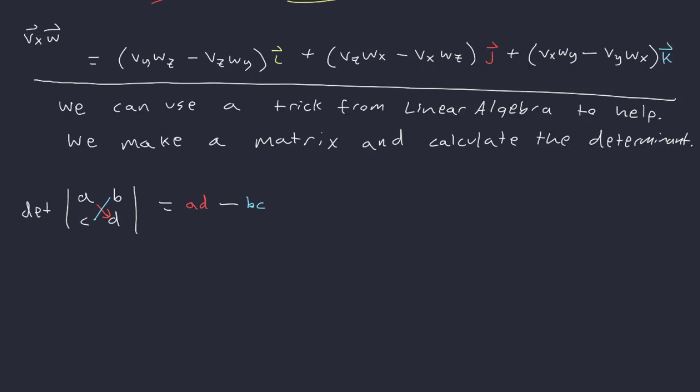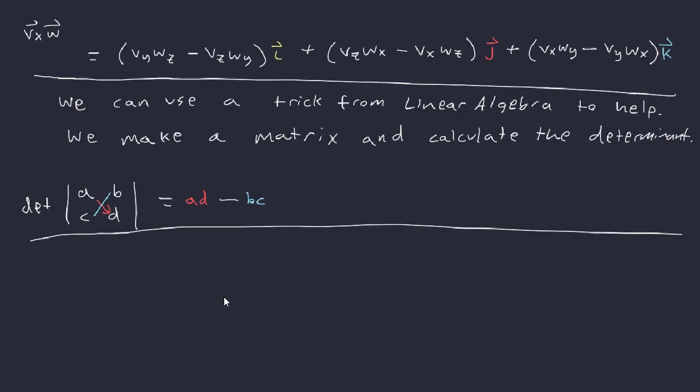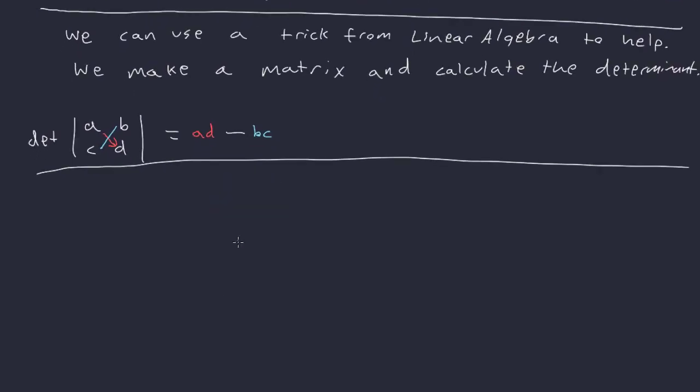Now, with a 3x3, there's a lot of ways to do this, okay? Every time I teach this, a student will always ask, oh, I learned how to do this way. Is that okay? Yes. All right. As long as you get the right answer. I'm just showing you what I feel to be the most straightforward, quickest way to do it with the least amount of opportunities to make mistakes. Okay. So here's how I do this.